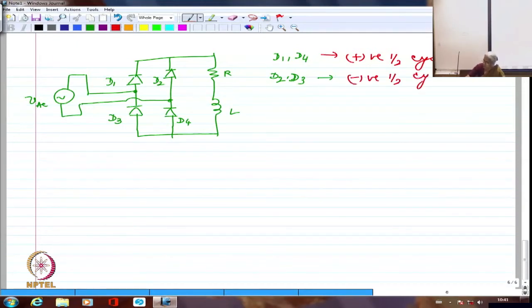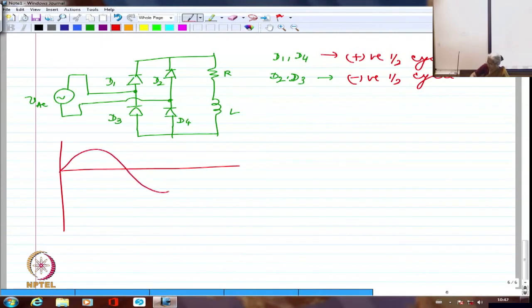Let us say I am just starting out. I have just turned on the power supply and then I am going to have multiple cycles like this for the input side voltage. Circuit is dead, so the current will start from 0, no doubt.